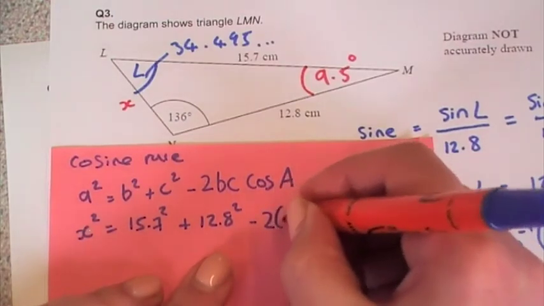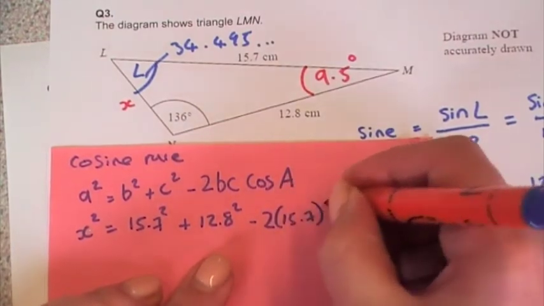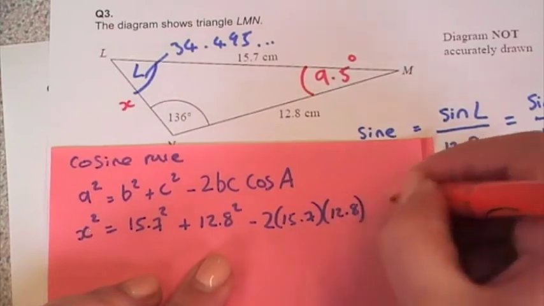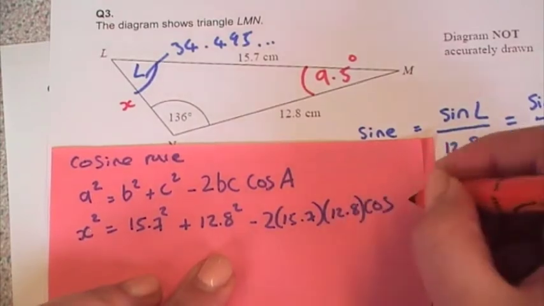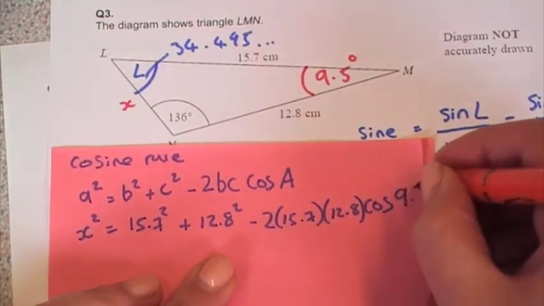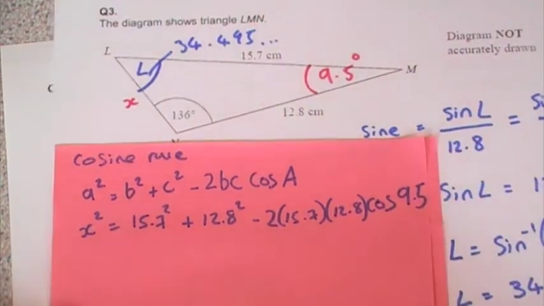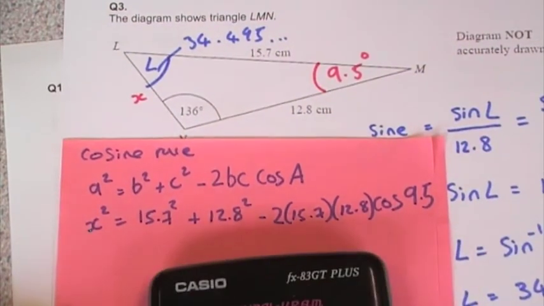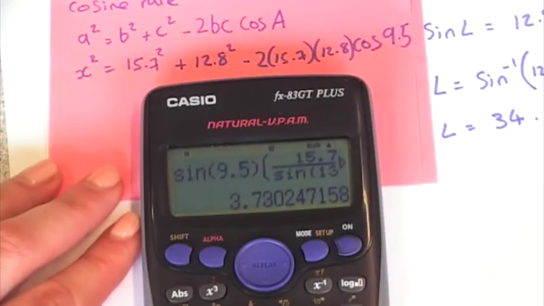minus 2 times 15.7 times 12.8 cos 9.5. I'm going to put that into my calculator.